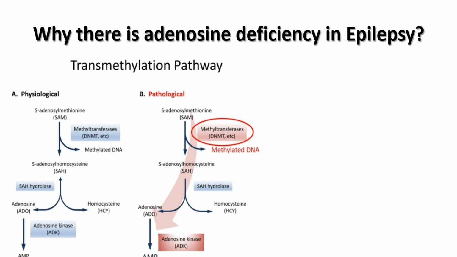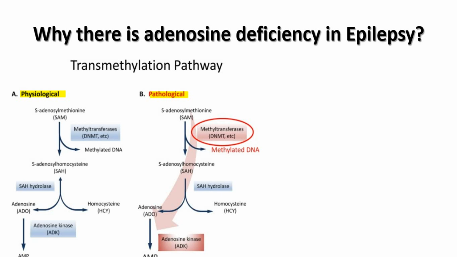So, what is this transmethylation pathway? We try to understand that. There is a difference between the physiological transmethylation pathway and the pathological transmethylation pathway. In the physiological pathway, you have S-adenosyl methionine, SAM.